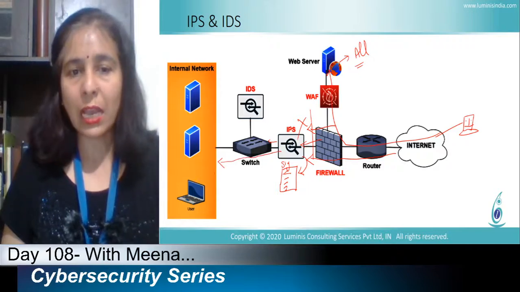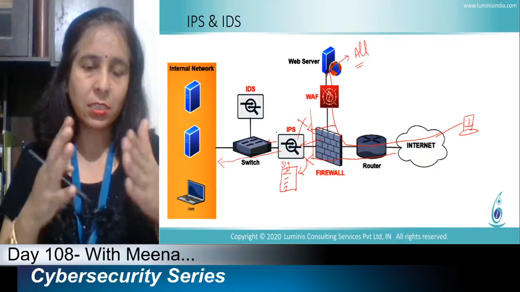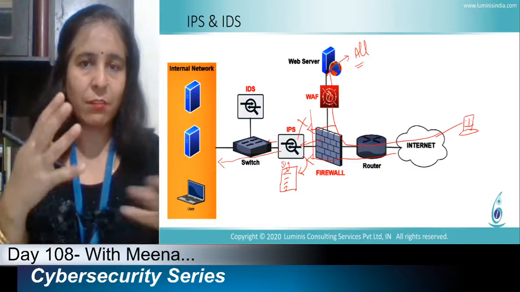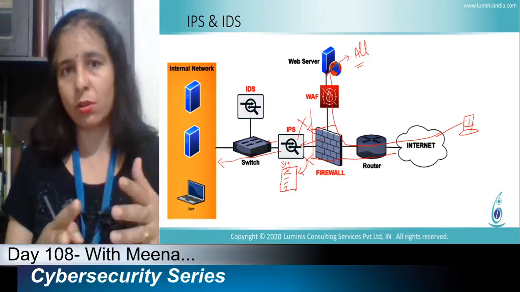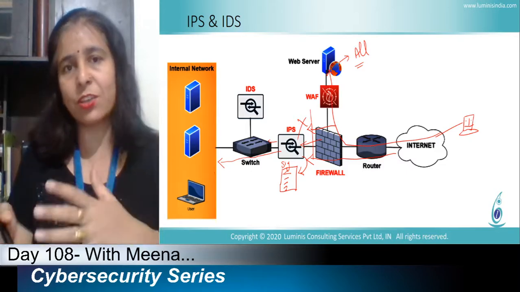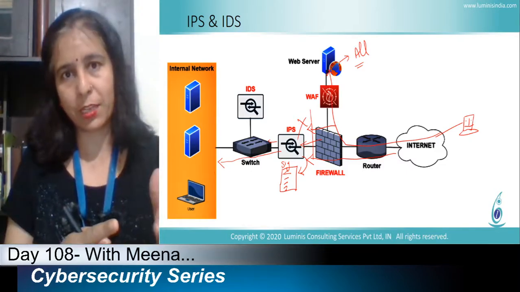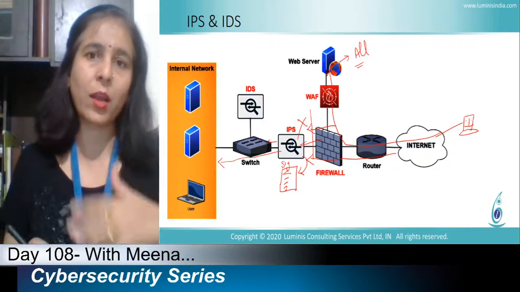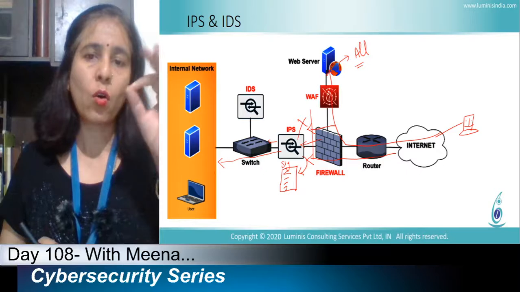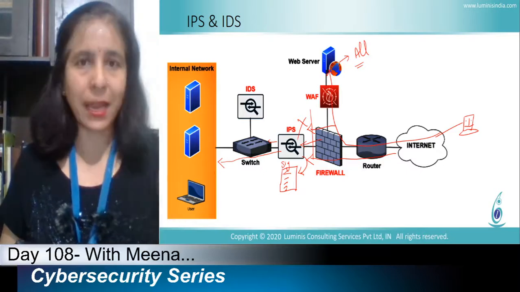So IPS can take action. First of all, it will analyze whether this traffic is legitimate or related to an attack. When it finds that the traffic is related to an attack, it will block or deny it.